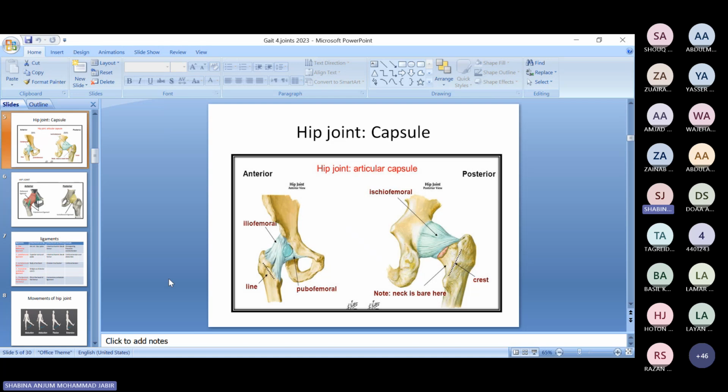Here we can see nicely the ischiofemoral ligament, coming from the ischium. Then this is the iliofemoral ligament, which comes from the anterior inferior iliac spine and anteriorly goes to the intertrochanteric crest. Then we have the pubofemoral from pubis to femur.